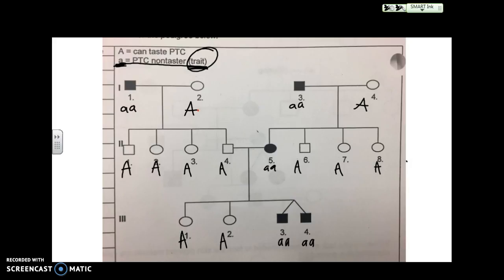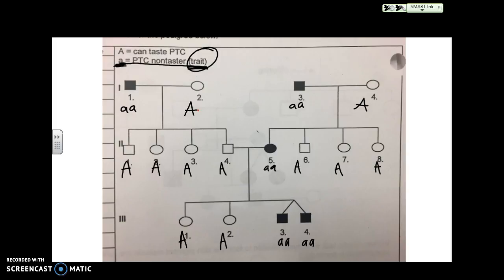We will never, ever label somebody big A, big A, like I just did. You will never have that because you'll never know for sure if somebody is heterozygous or homozygous for the dominant trait.